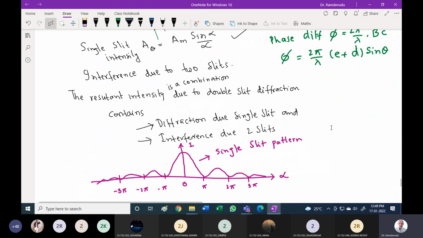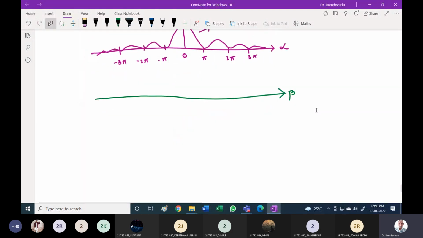Beta is equal to phi by 2, so I take the 2 here. Then I get beta is equal to pi E plus D sine theta by lambda. This is beta, so this beta I am taking on this axis.